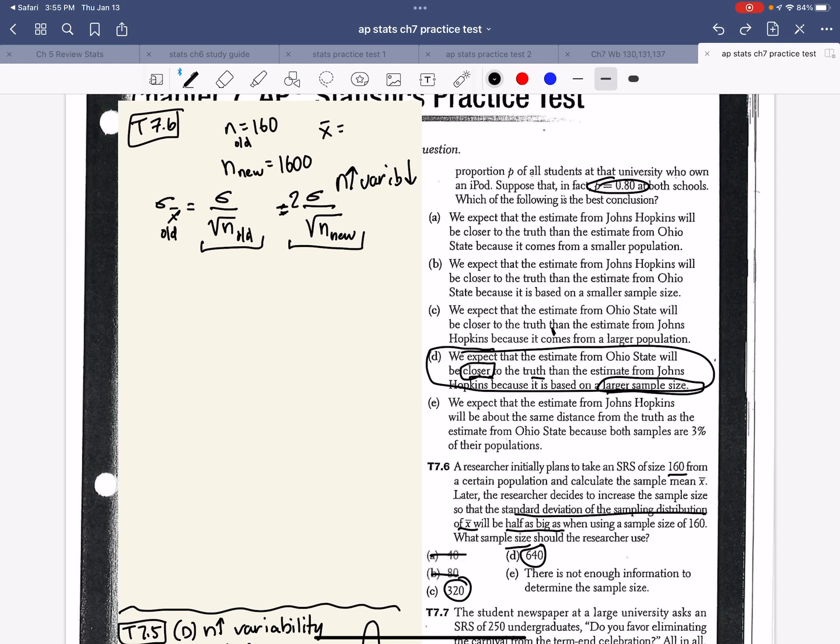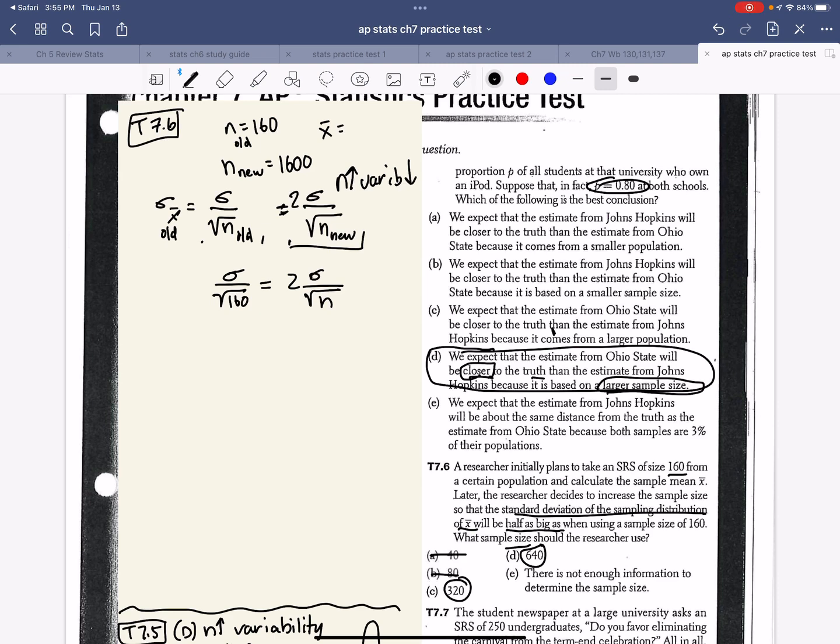I could have also shown it as this is half over here of the old one is equal to the new one, okay? So looking at our formula, we say, we don't know what sigma is, but we know the old one, okay? So the square root of the old one is equal to 2 times the square root of the new one, which is either, we don't know, it's either 320 or 640.